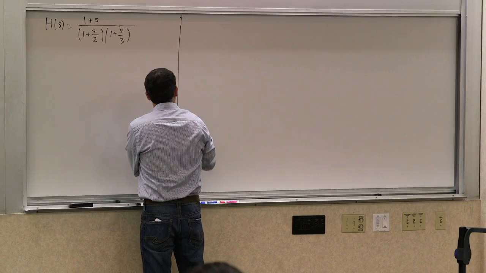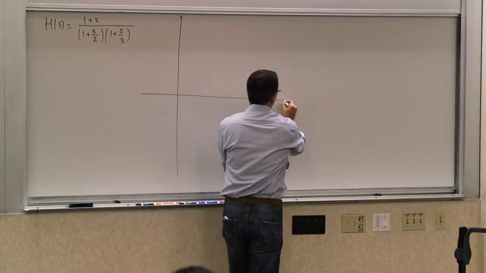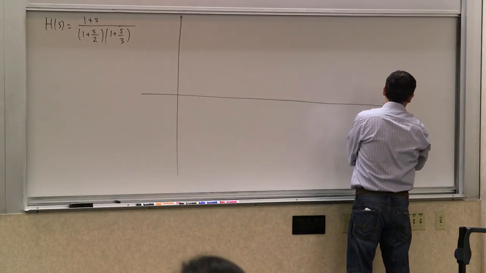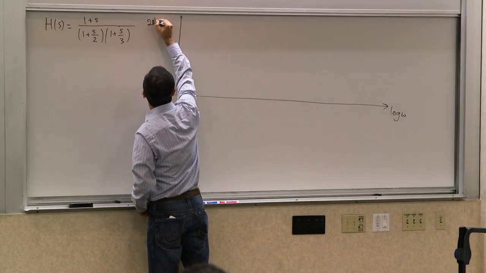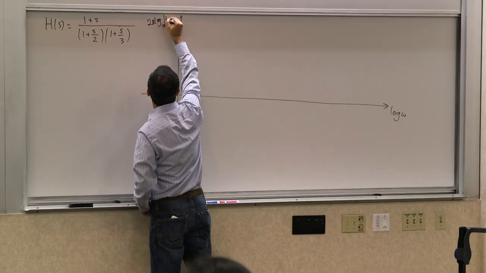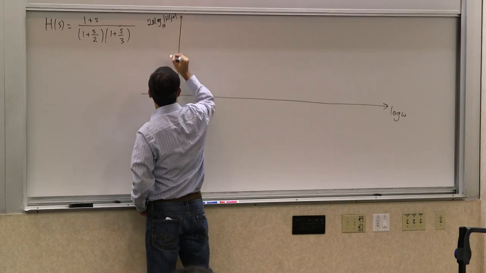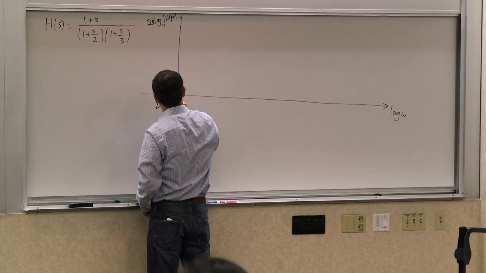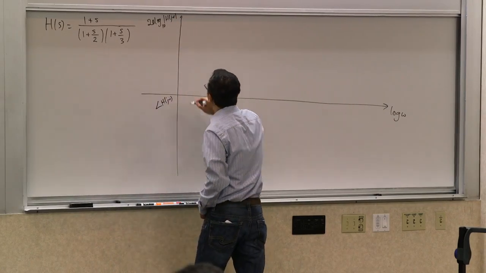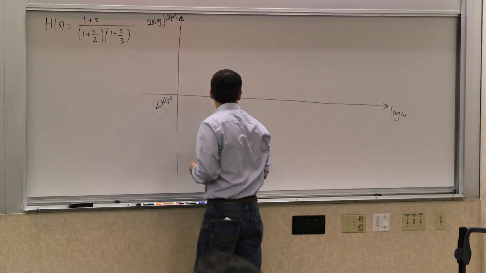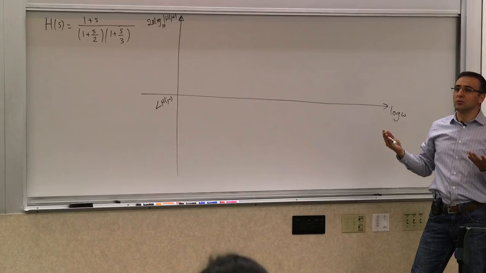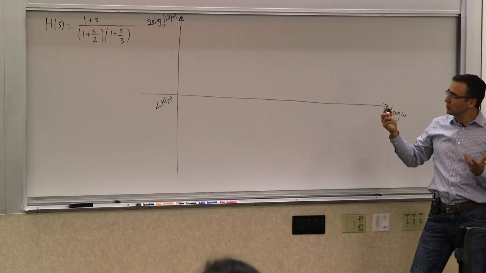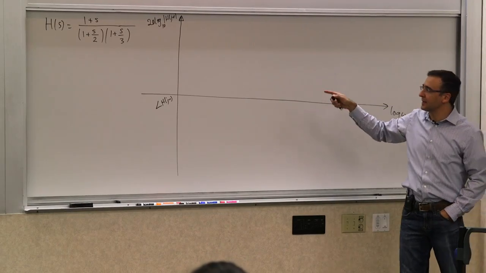So we'll do a big one where we have plenty of room to do stuff and keep things clean. So again, 20 log base 10 of magnitude of H of j omega and phase of H of j omega. Okay, so we want to now use the rules that we've devised to do this without having to calculate it every time.